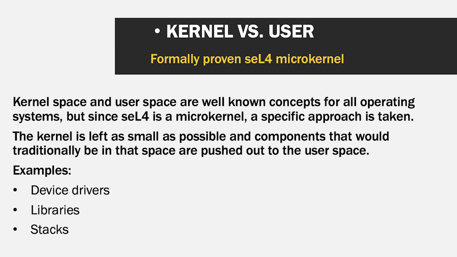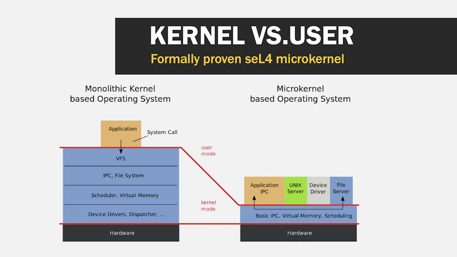So some of these things that get pushed out to the user space, like what you would expect to be in a normal monolithic kernel-based operating system, things like file system support, things like device drivers, serial drivers, Ethernet drivers, things like stacks, any type of server, all that stuff gets kicked out into the user space, leaving your kernel size much, much smaller.